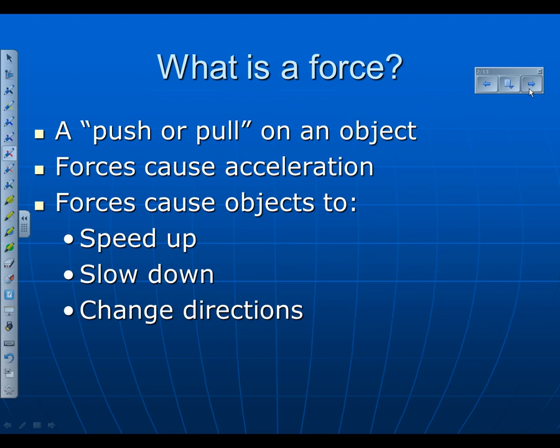That's what forces do. They cause things to accelerate.